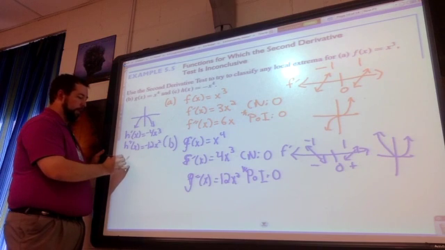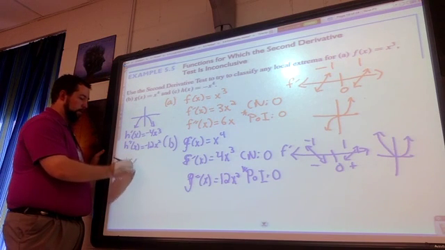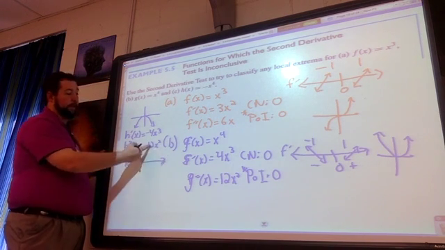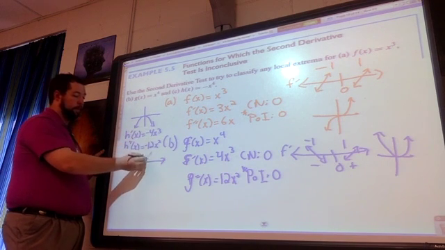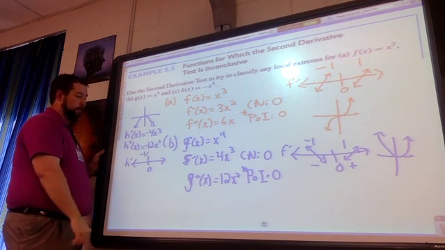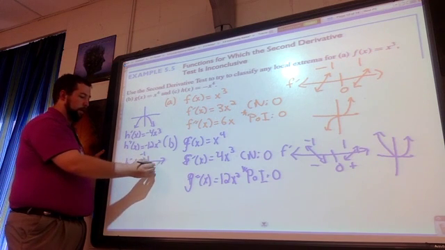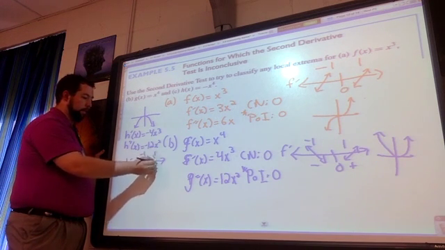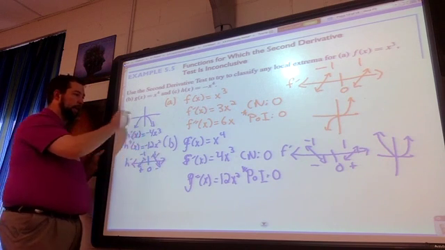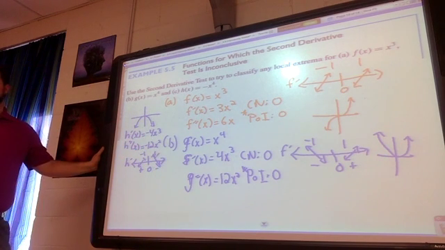So my second derivative test would fail because 0 is for both of them. And first derivative test would tell me, hey, this is going to be positive, so up, negative, so down, so there is actually a maximum right there. Okay, so 3 different times where the second derivative test is inconclusive, it fails.